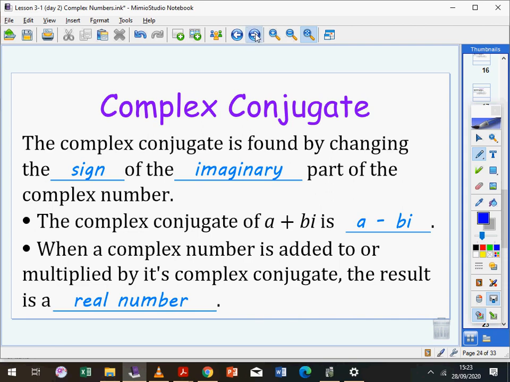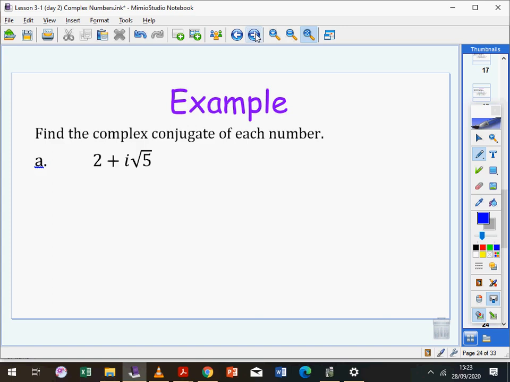Now, what are some applications of this idea? First of all, practice with conjugates. If I want to find the conjugate of this, it's simply 2 minus i root 5, because I only need to change the sign of the imaginary part of that complex number. Again, this one you can think of as 0 plus negative half of i, where 0 is the real part.